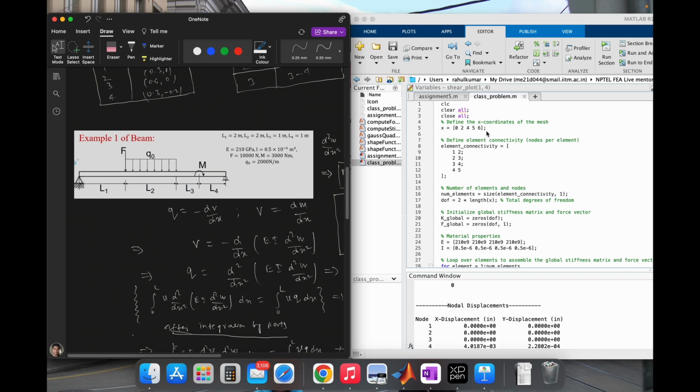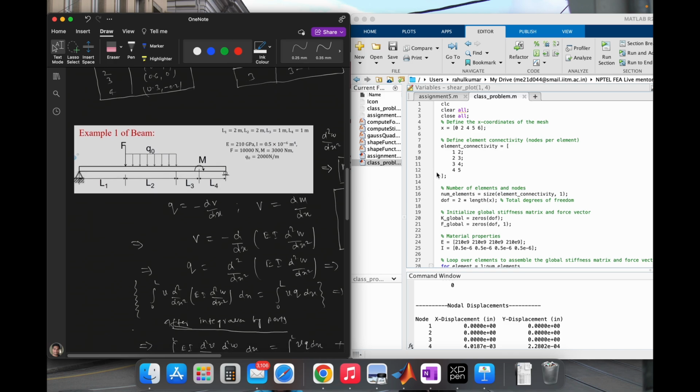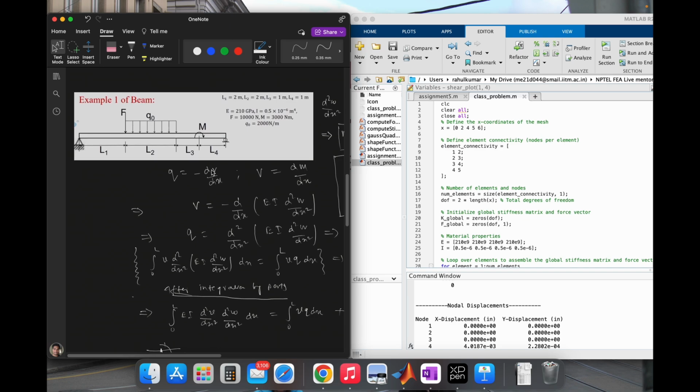At node 1 the coordinate is 0, node 2 is 2, node 3 is 4, then 5 and 6. This is the element connectivity: element number 1 has connectivity 1 2, element number 2 has connectivity 2 3, element number 3 has connectivity 3 4, and element 4 has connectivity 4 5.